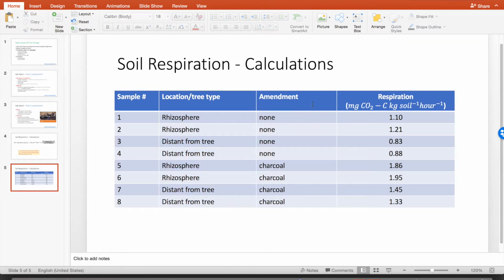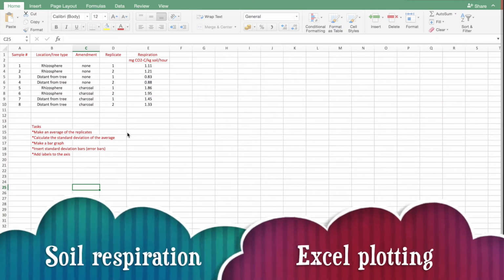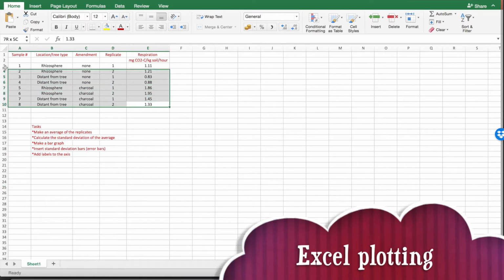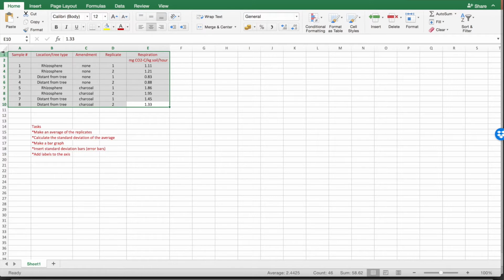So I'm gonna input this table into the Excel, and we're gonna start doing our graphs, okay? All right, so moving over to the Excel part, I exported this table with my fake data into Excel. So you see all the samples, all the locations, whether it had an amendment or not. In this case here where I'm highlighting, it didn't, are the results of the samples that did not have any amendment.